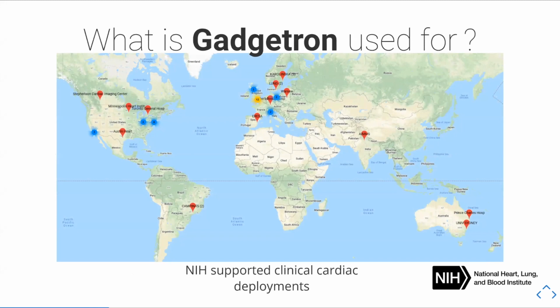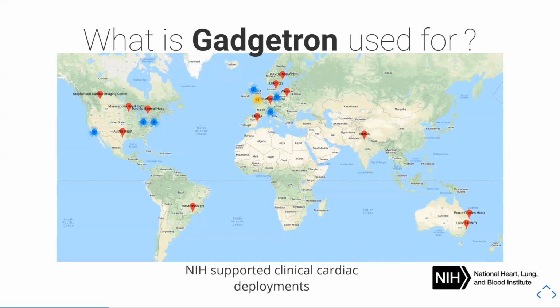Gadgetron is also used clinically. This is a map of clinical cardiac deployments supported by the NIH. These are not all the clinical deployments, just the ones that are supported by the National Heart, Lung, and Blood Institute.